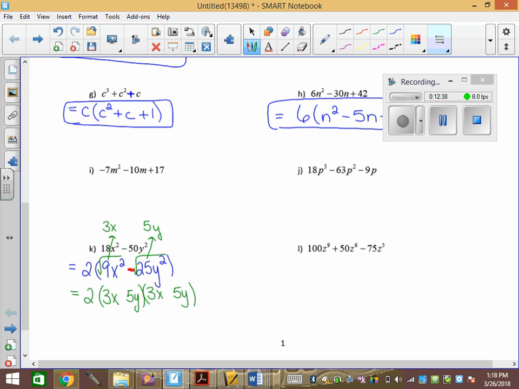If we FOIL these back, we won't get a middle term because there's only 2 terms, and the only way is if we have a plus and a minus. You need to have opposite signs. So I could go positive, negative. I could go negative, positive. Does it matter? No. What matters is that they're opposite signs. Done.